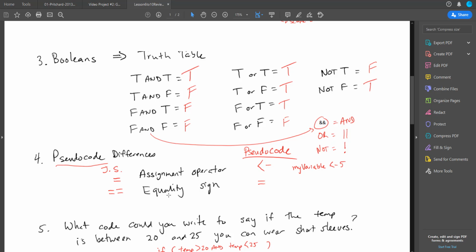The equality sign, just like in C++, we have the double equal sign. However, in pseudocode, right, you've got this kind of arrow, less than dash, which is supposed to be representing an arrow. So 5 is assigned to my variable. I don't know why they do that. That's the way they do it.